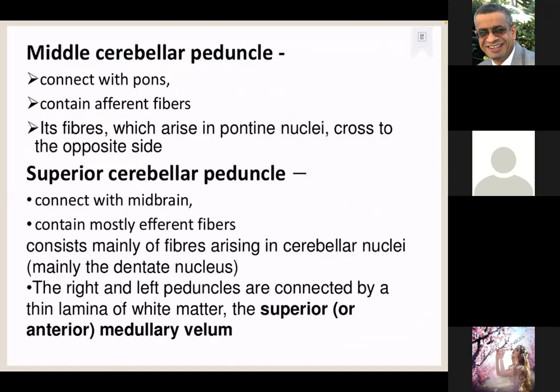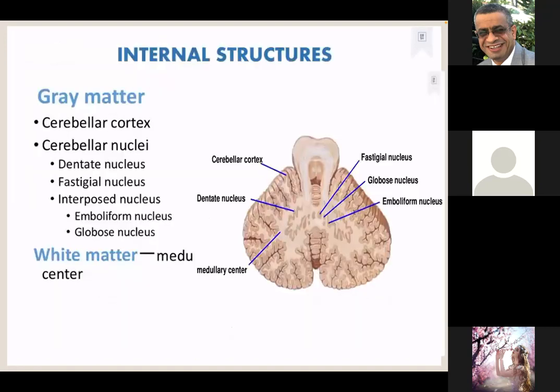The superior cerebellar peduncle connects with the midbrain and contains mostly efferent fibers, consisting mainly of fibers arising in the cerebellar nuclei, mainly the dentate nucleus. The right and left peduncles are connected by a lamina of white matter, the superior medullary velum.